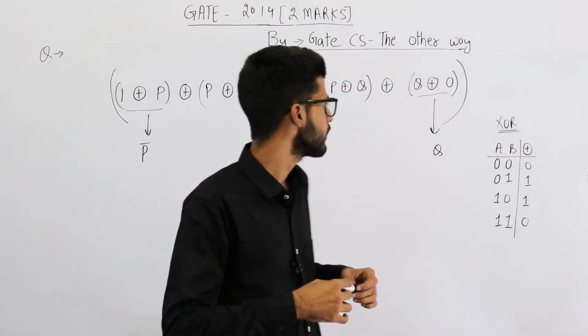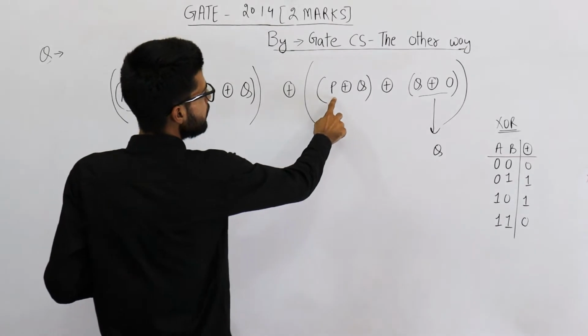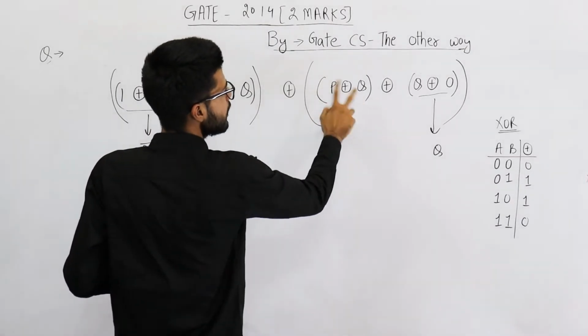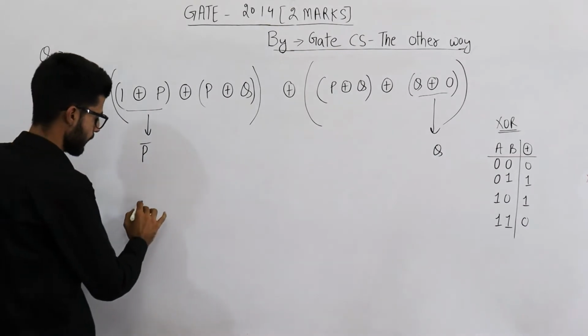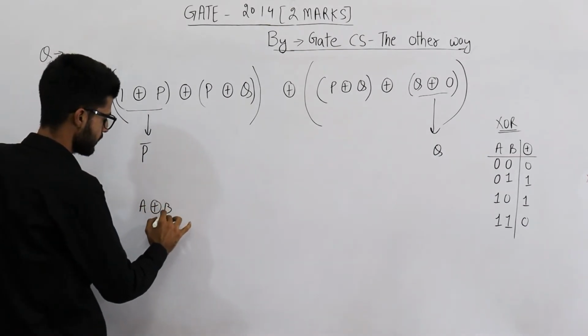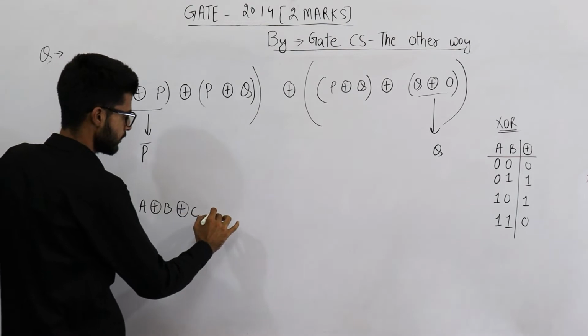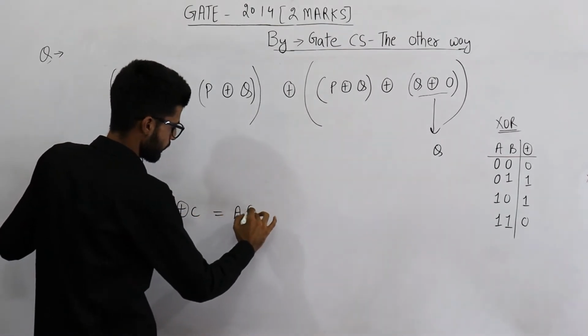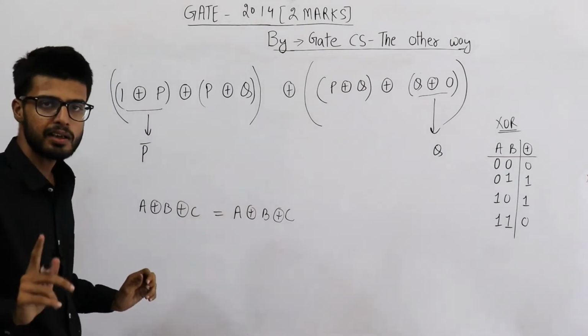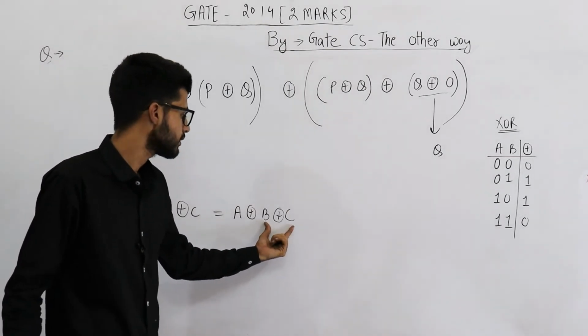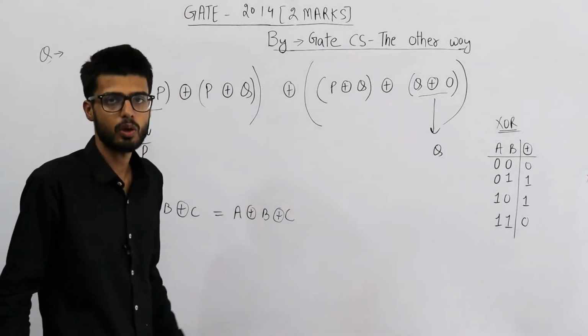Now you must know that XOR operation is commutative as well as associative. Commutative means P XOR Q can be written as Q XOR P. And associative means A XOR B XOR C. Associative means it does not matter which one of these three I solve first.